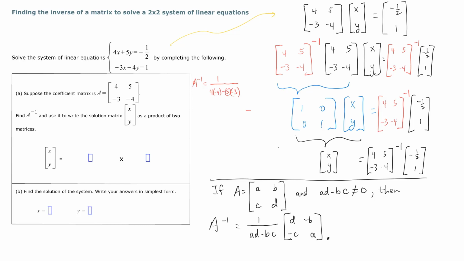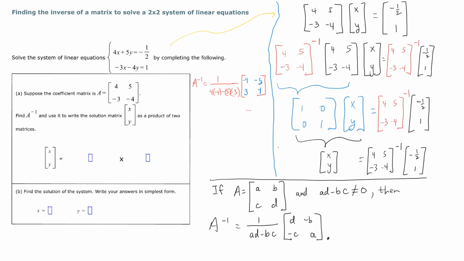Now what we're going to do is switch the A and the D positions. So I'm going to switch negative 4 and 4, and we're going to negate negative 5 and negate negative 3, so that would become positive 3.